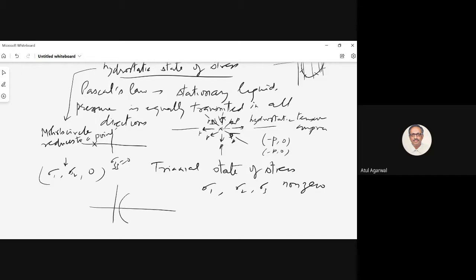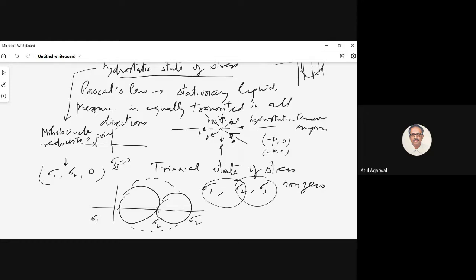When we drew a Mohr circle, we found sigma 1 and sigma 2. Suppose you draw a Mohr circle involving these two, and suppose your third principal stress is this, then another Mohr circle you can draw for the larger pair.